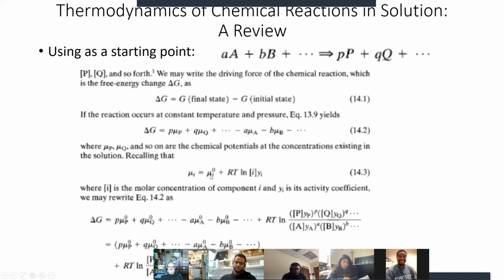Every species will have a standard state times its stoichiometry: the standard state of P times little p, plus the standard state of Q times little q, minus the standard state of A times little a, the standard state of B times little b, etc. So there'll be a series of standard state terms, and then a sum of RT ln of c_i y_i.